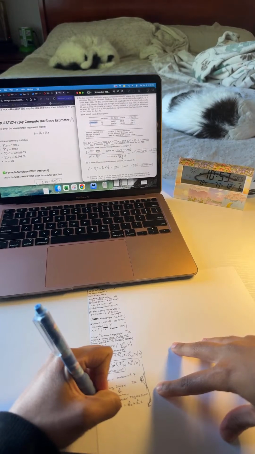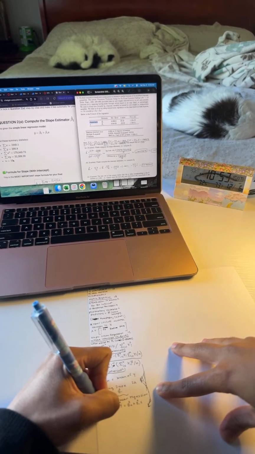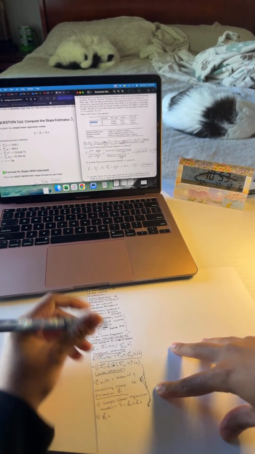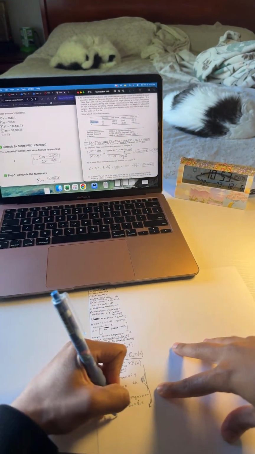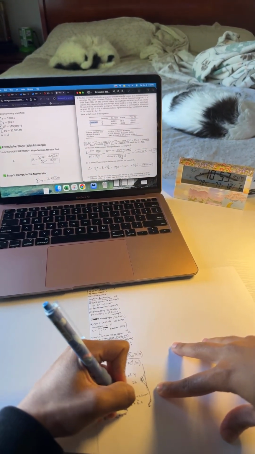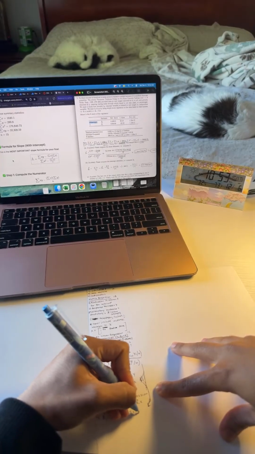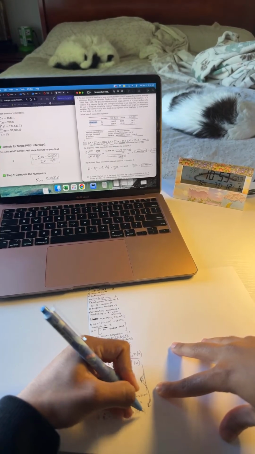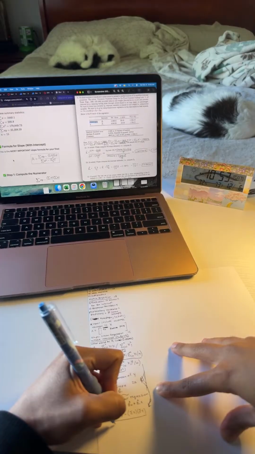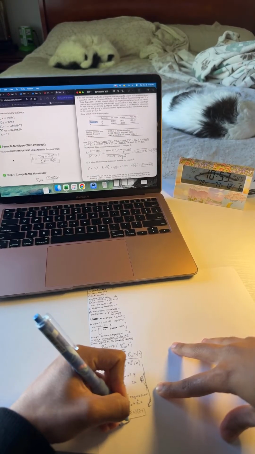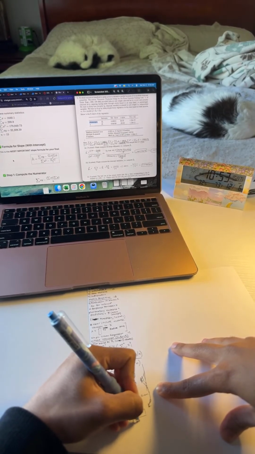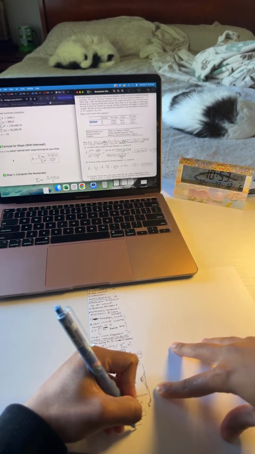Rewritten simpler, beta 1 hat equals summation xy minus summation x times summation y, all over n, over summation x squared minus summation x squared over n.